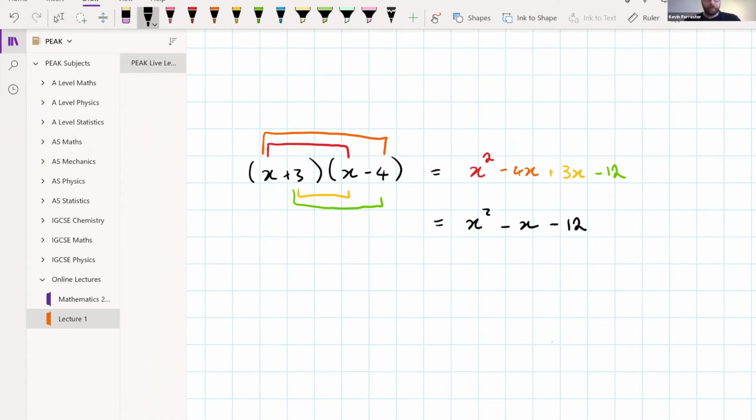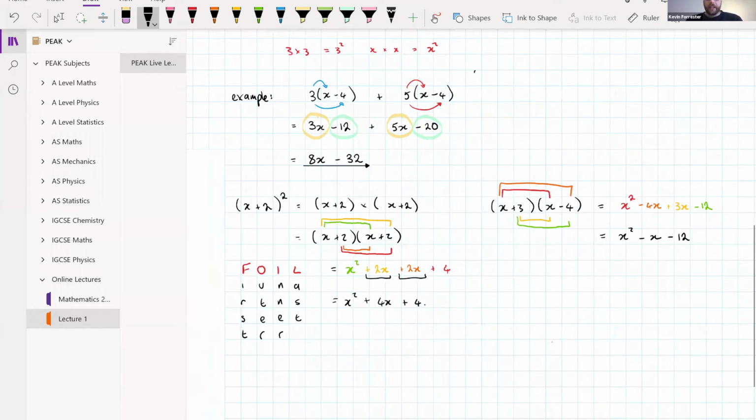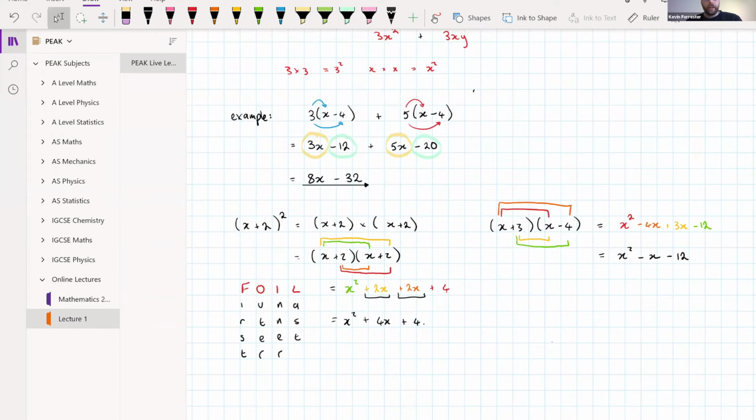Right. So if we look at all of the expansion, generally the process is the same. You first expand by multiplying out your brackets, and then it's a case of simplifying so that you have the most simplified algebraic expression possible.